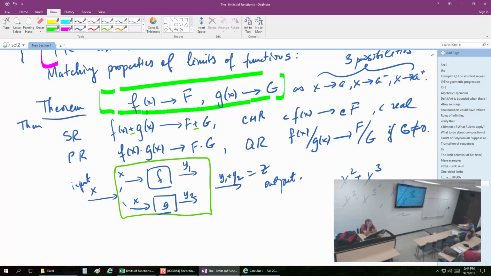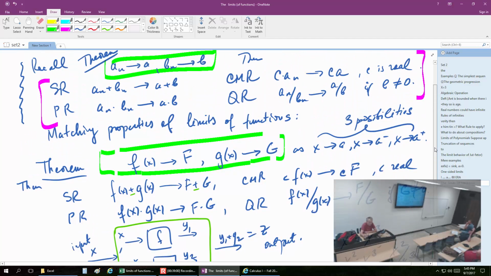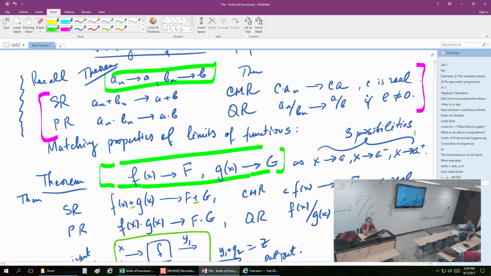Like, you remember, a_n goes to a over here. In a similar fashion here, I chose limits to be equal to a and b, even though you like to call it L because L stands for a limit. But if you have more than one function or more than one sequence, then it is better to have some kind of matching letters that suggests what's going on.